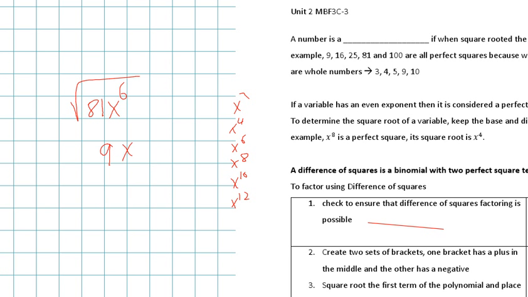For now, just remember, when you square root an even exponent, you divide it by 2, and that becomes 9x to the power of 3. That's why they have to be even numbers, because they have to be divisible by 2.